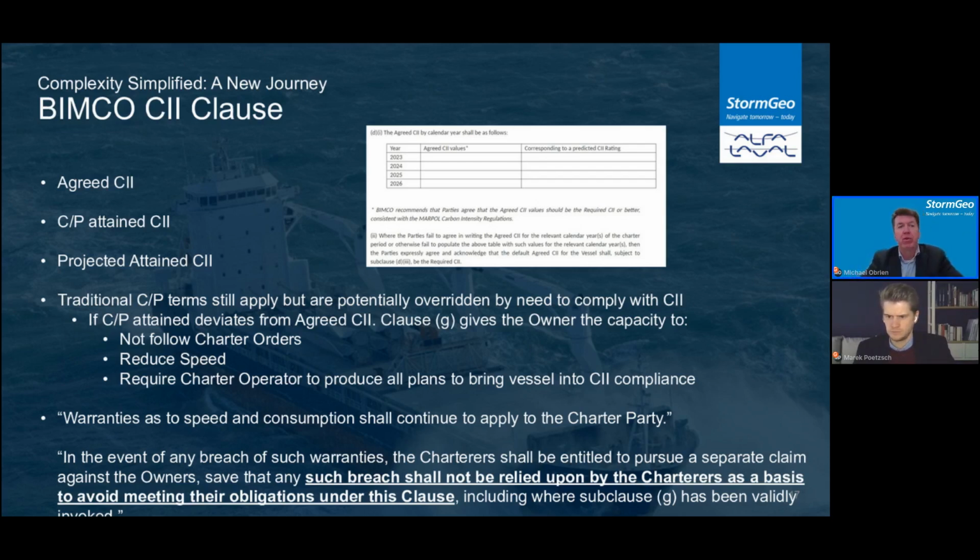So there's a few key terms: the agreed CII, and that's represented in that little image I have on the screen there. The agreed CII is just as the name suggests. It's the CII that the two parties agree on in the charter party to achieve, and BIMCO is recommending that you target above the middle C range, because we do know that in general the CII trajectories are showing the necessity to improve efficiency by about 2% annually.